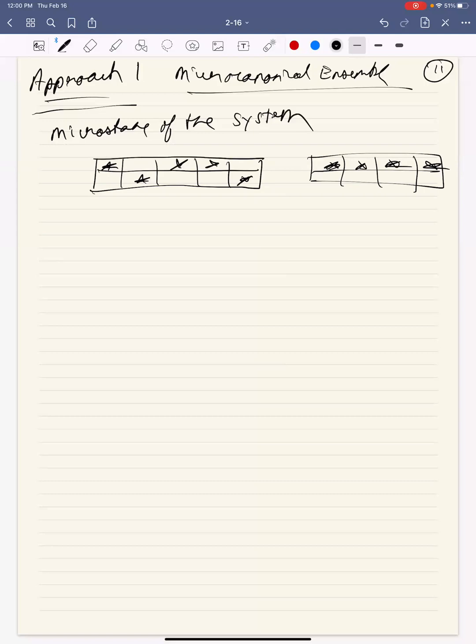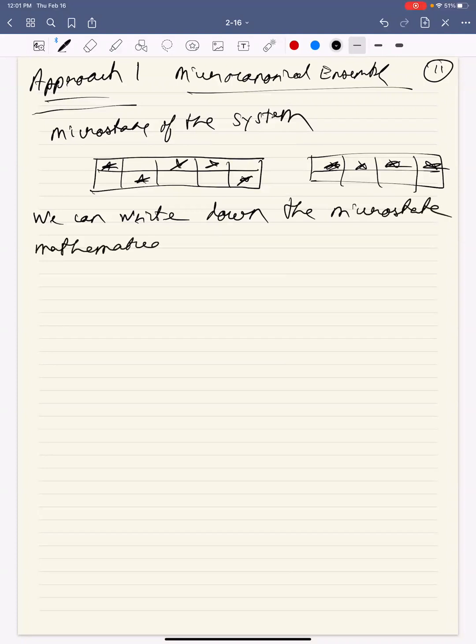How should we do it? We can write down the microstate mathematically by writing a set of binary numbers.